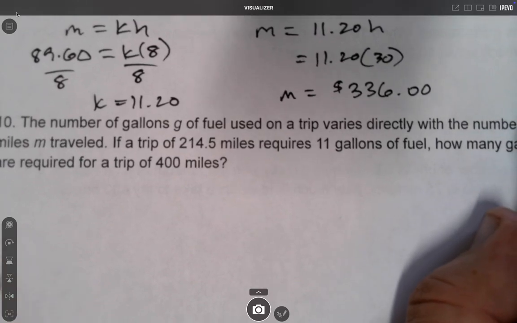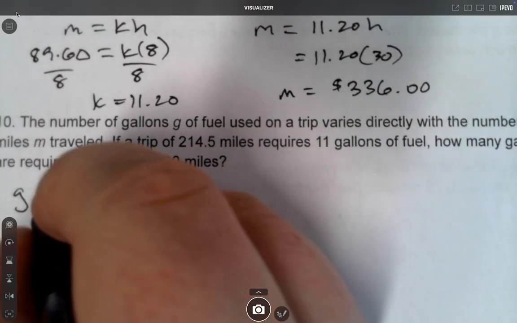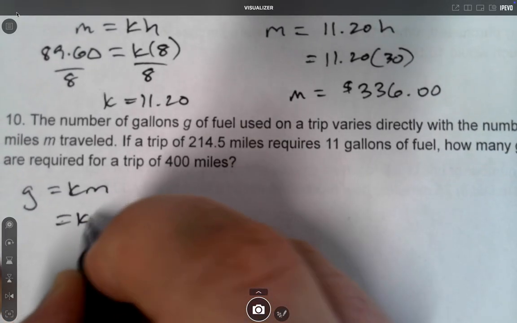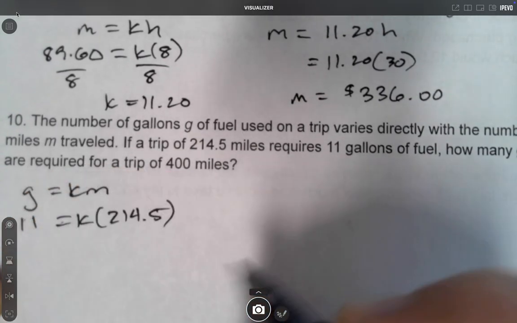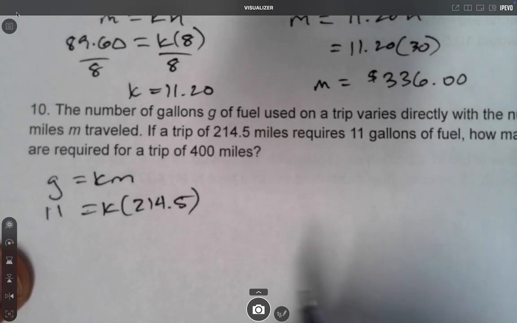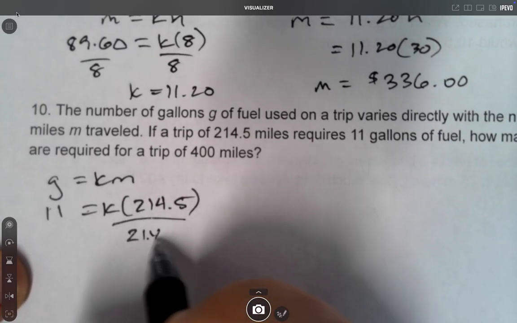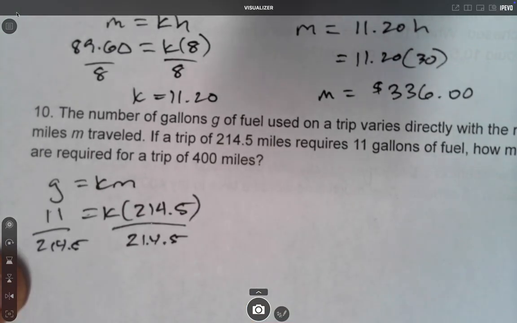Okay, last one. The number of gallons G of fuel used on a trip varies directly with the number of miles M traveled. If a trip of 214.5 miles requires 11 gallons of fuel, how many gallons are required for a trip of 400 miles? Okay. So we divide both sides by 214.5. 11 over 214.5.